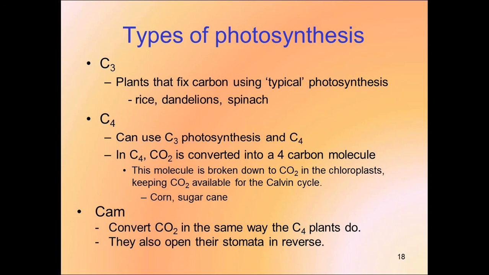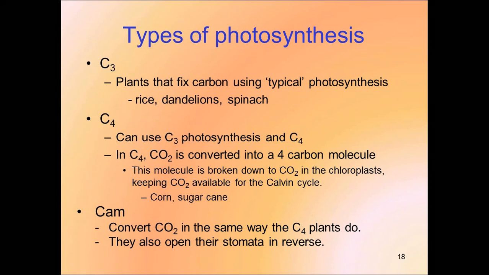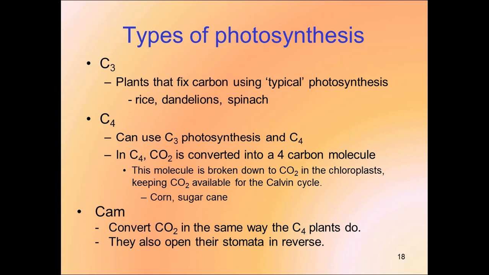The CAM plants are able to do everything that the C3 and the C4 plants can do, and they also open their stomata in reverse, meaning that they open it at night when it's cooler to allow the CO2 to come in, and they are able to keep it closed and allow that oxygen to be recycled. So they have all of the benefits of C3 for cool weather, C4 when it's hot, and the ability to control their stomata when it's extremely hot, such as in the desert. And this is the end of the photosynthesis chapter.